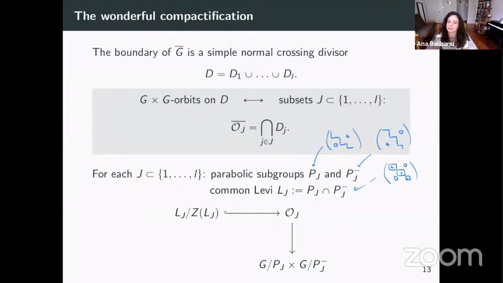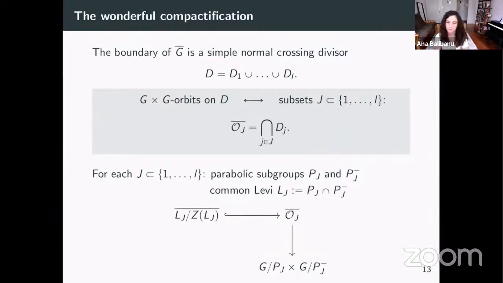And then the statement is that every G cross G orbit indexed by J fibers over the product G mod Pj cross G mod Pj minus, it's the product of partial flag varieties. And the fiber is exactly the quotient of this Levi subgroup by its center. So if you notice, this is now a semi-simple group of adjoint type because I quotiented the center away. And when I take the closure of this orbit, then this fiber becomes the wonderful compactification of the smaller group.